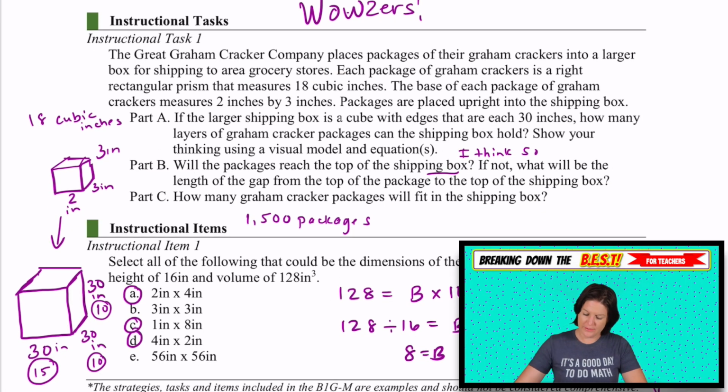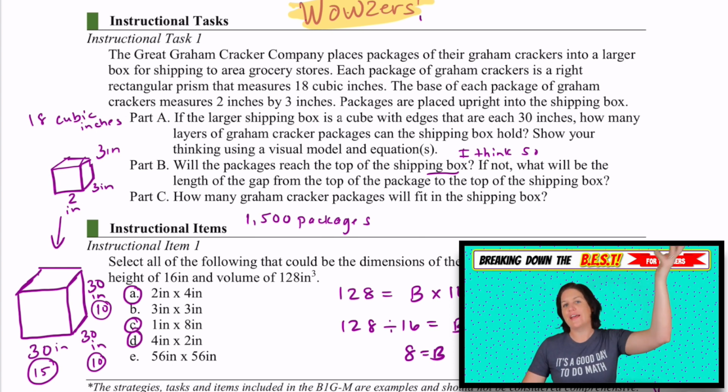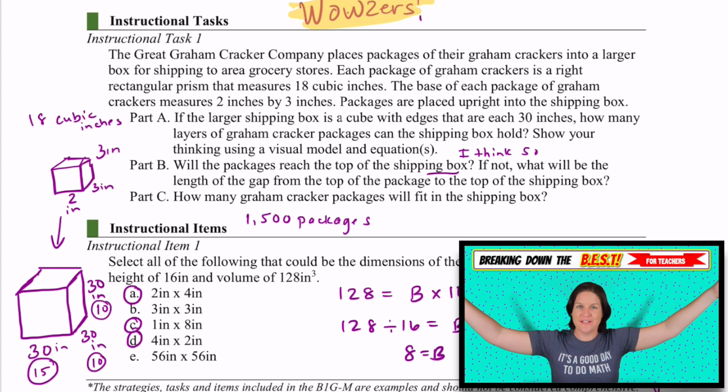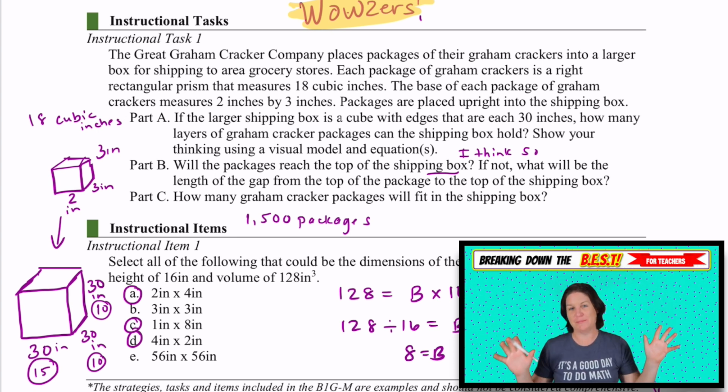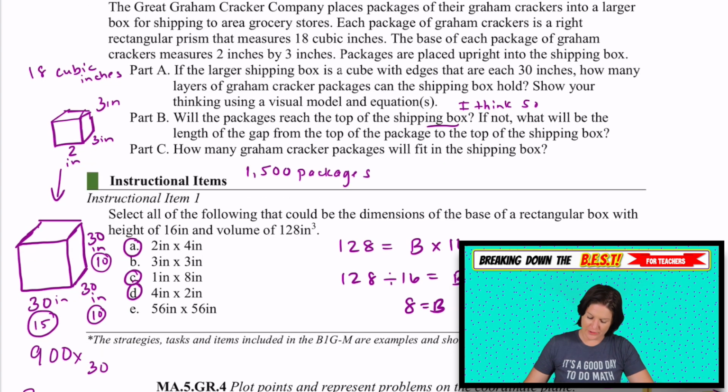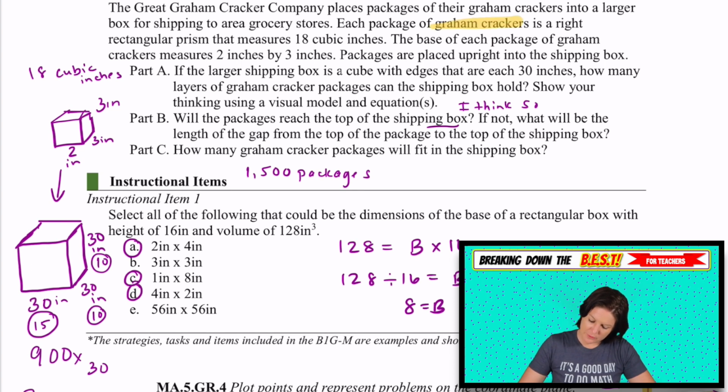For this one, I said wowzers, because this was a very challenging problem. I do suggest you taking a look at it, but I think that this would be taking it way up to the fullest extent of the standard, probably even a little bit above the reach there. But you can see here, my understanding was that because they have graham crackers that are 18 cubic inches, that's our volume, which ends up being a length of 2, a width of 3, and a height of 3.